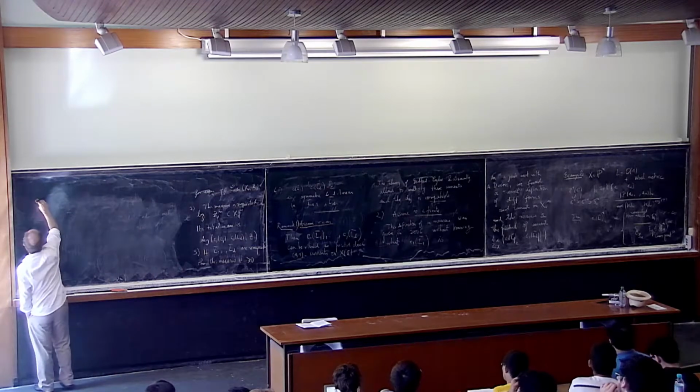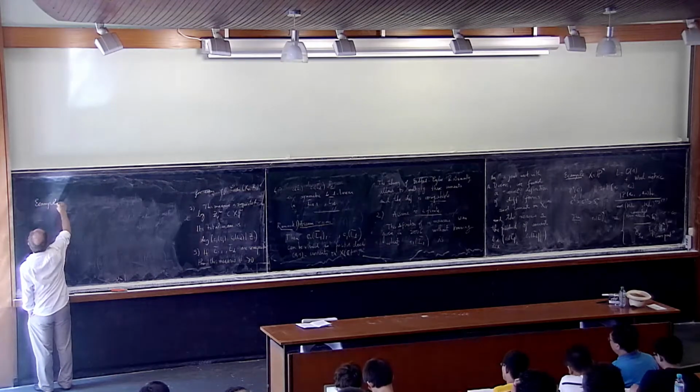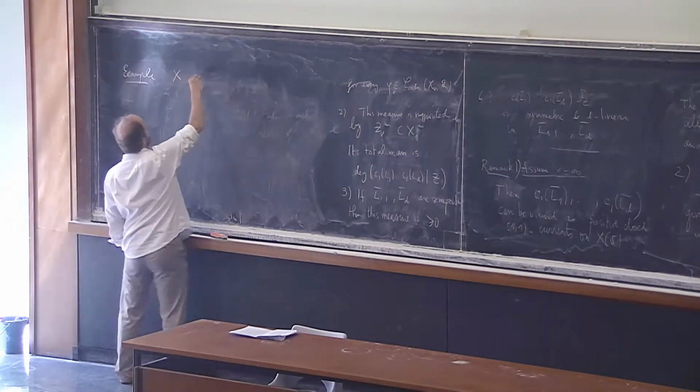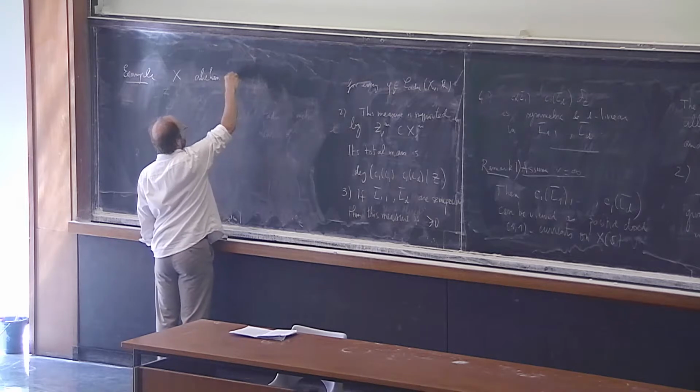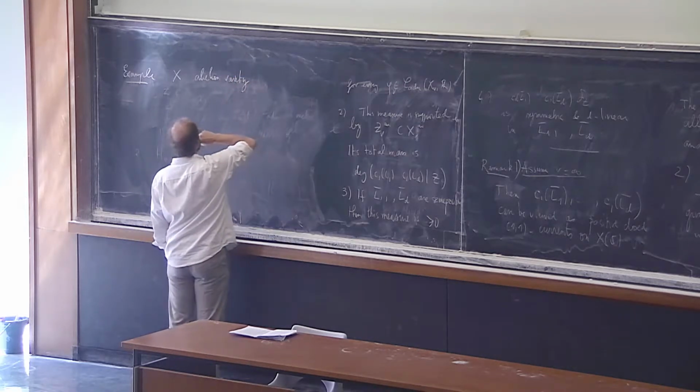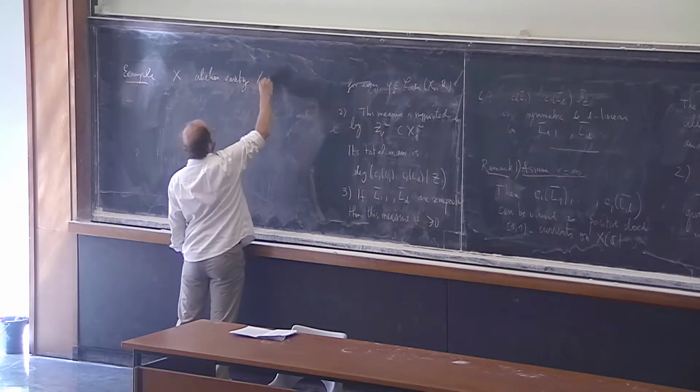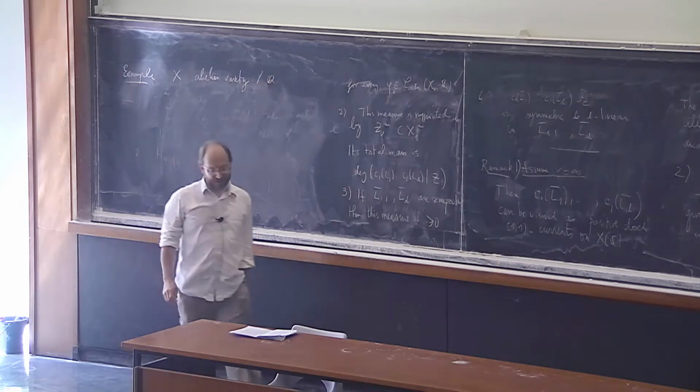The other example: if X is an Abelian variety, well, let's say over Q, just to simplify a little bit.